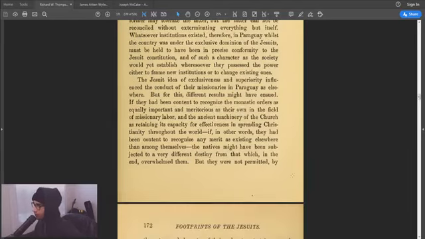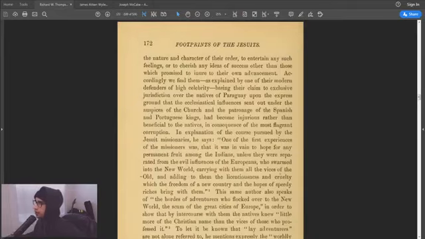But they were not permitted by the nature and character of their order to entertain any such feelings or to cherish any ideas of success other than those which promise to inure to their own advancement.